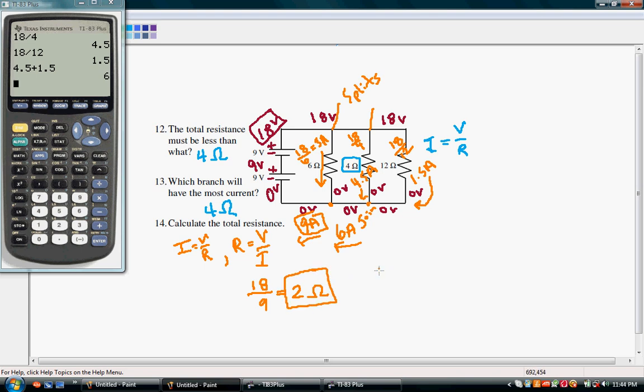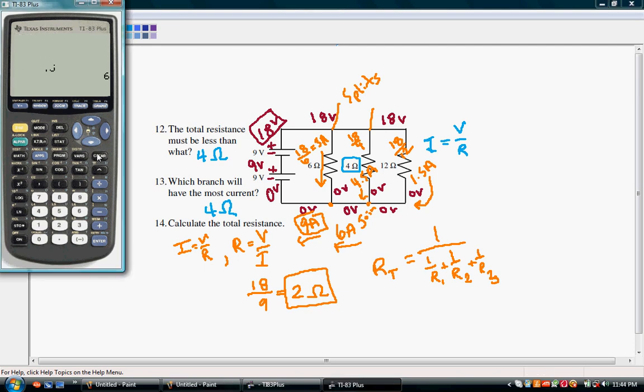Alright, also we talked about finding the resistance with this formula: 1 over R total equals 1 over R1 plus 1 over R2 plus 1 over R3, or however many resistors you have, and we do happen to have 3.